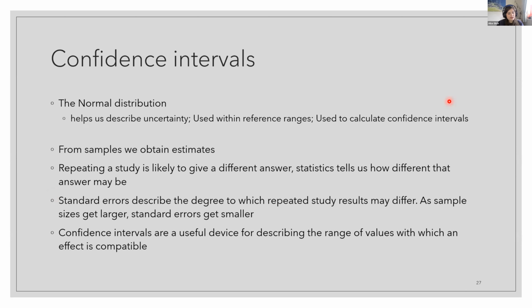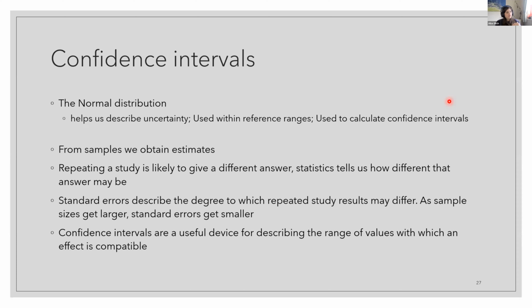When we have our first sample of 100, the standard deviation will tell us about the variability of the measurement in that sample of 100. The standard error will tell us about how different we expect the mean value to be across lots and lots of repetitions of that sample of 100.